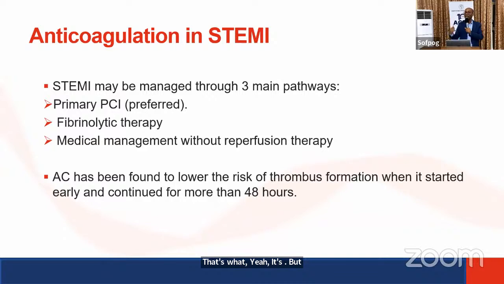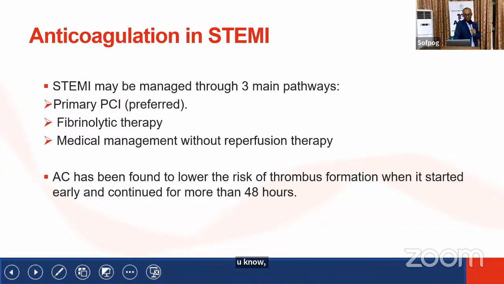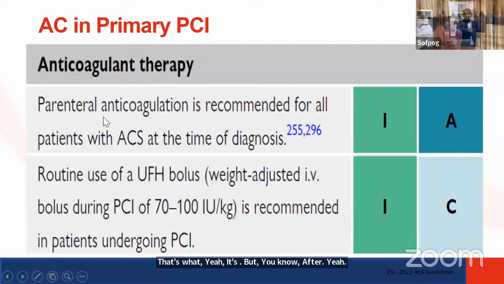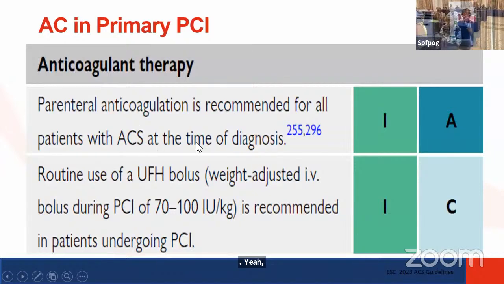So if you are in the hospital and somebody comes in with acute coronary syndrome, give an anticoagulant. The European Society of Cardiology guidelines give a class 1A indication that parenteral anticoagulation is recommended for all patients with acute coronary syndrome at the time you diagnose your patient.